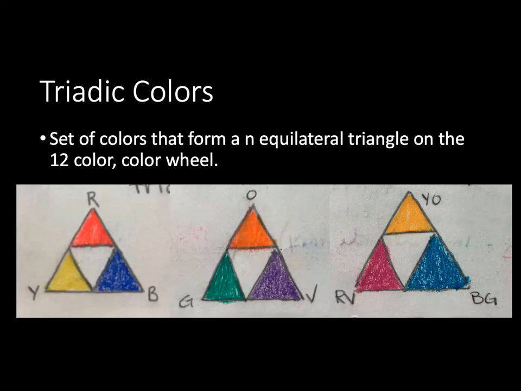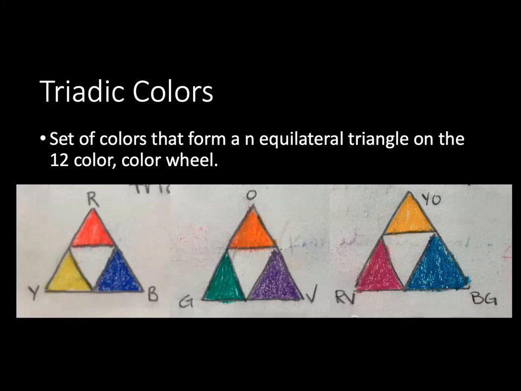So triadic colors are a set of colors that form an equilateral triangle on the 12 color wheel. All right, again, we have lots of colors in between, but in order to form these color schemes, we're using a 12 color wheel as our reference.